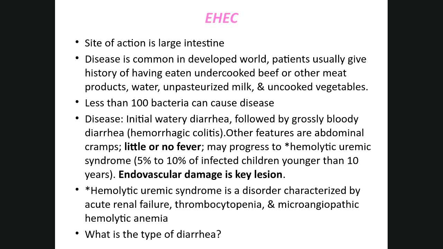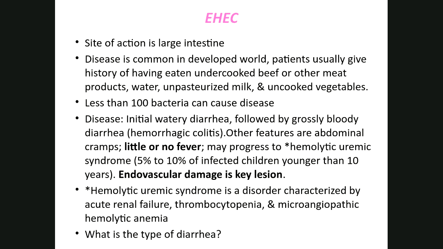The main problem with this condition, as you've seen, is the loss of blood produced as a result of hemorrhagic colitis, and another condition known as hemolytic uremic syndrome, which is a complication of this enterohemorrhagic E. coli infection.